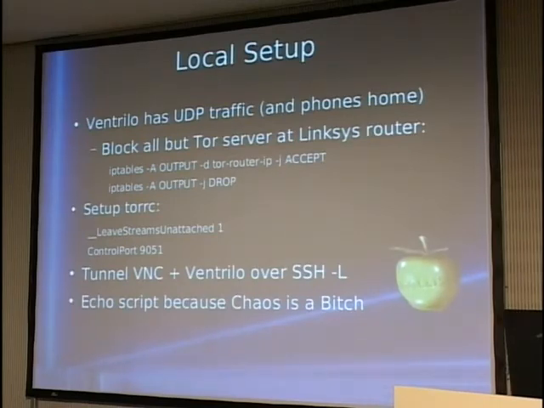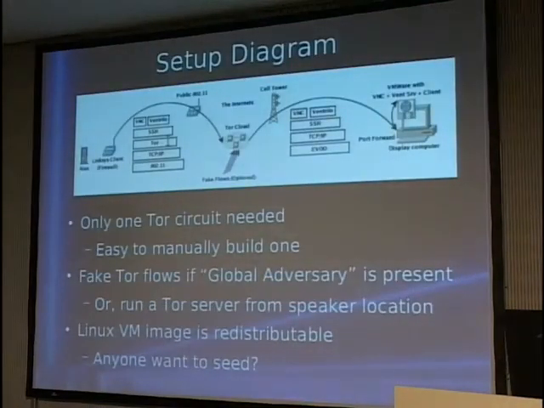We also created a custom Tor RC to allow us to attach our own streams to our own circuits, and then we had to tunnel VNC and Ventrilo over SSH.